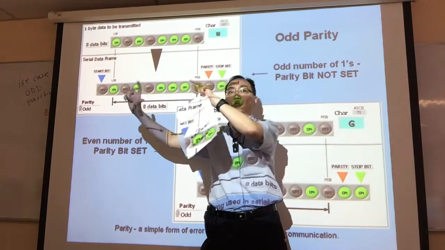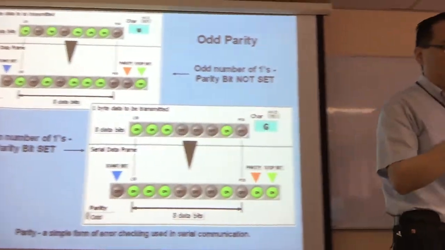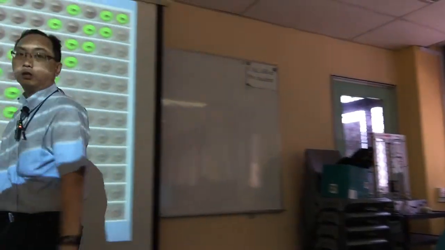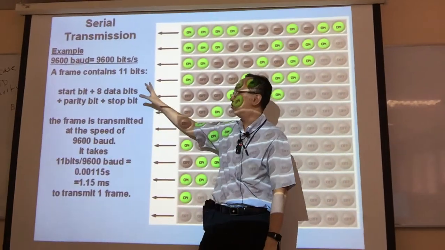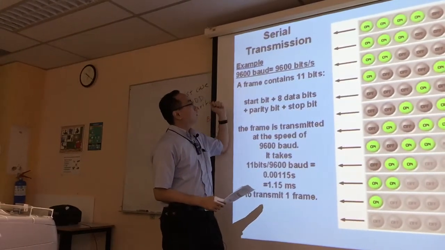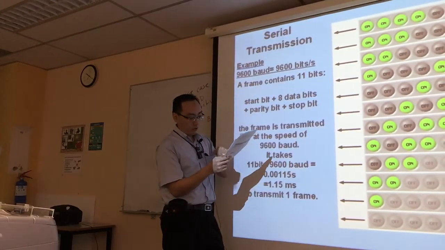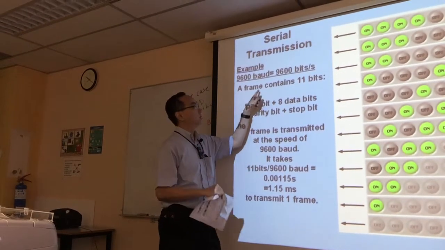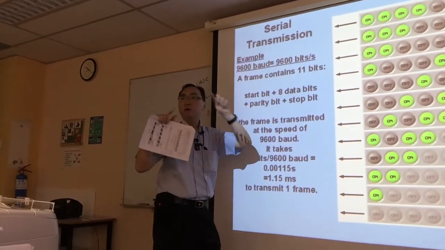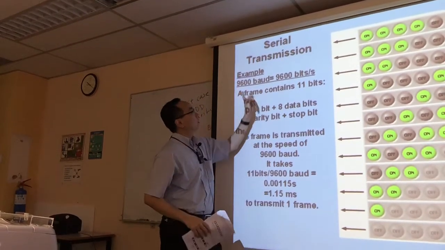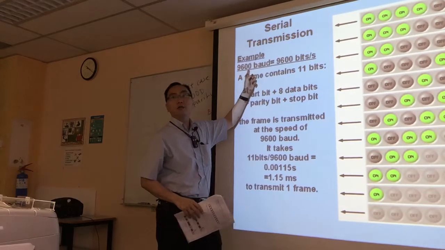Okay, you transmit out. So how do we determine the time taken to transmit 1 character? This is what you do. Now this is very important. You need to be very clear on this one. In order to transmit, the question was like, transmit this character. This character means the whole 11 bits, because 11 bits is 1 frame, and that represents that character. So what you do is that you're given the baud rate, let's say 9600.